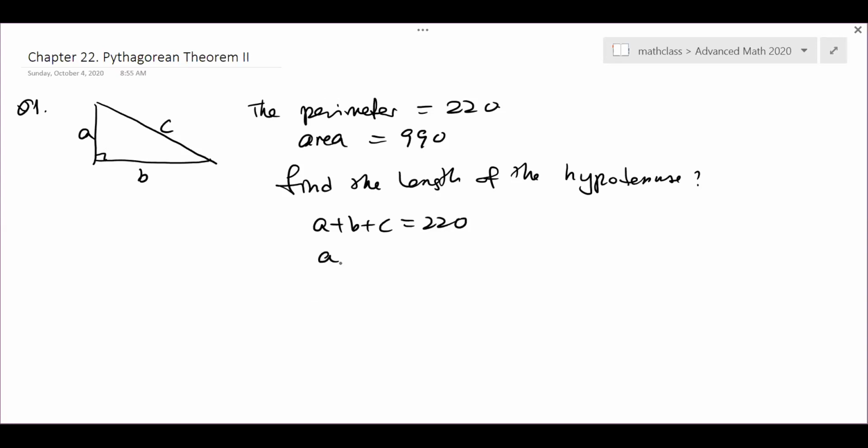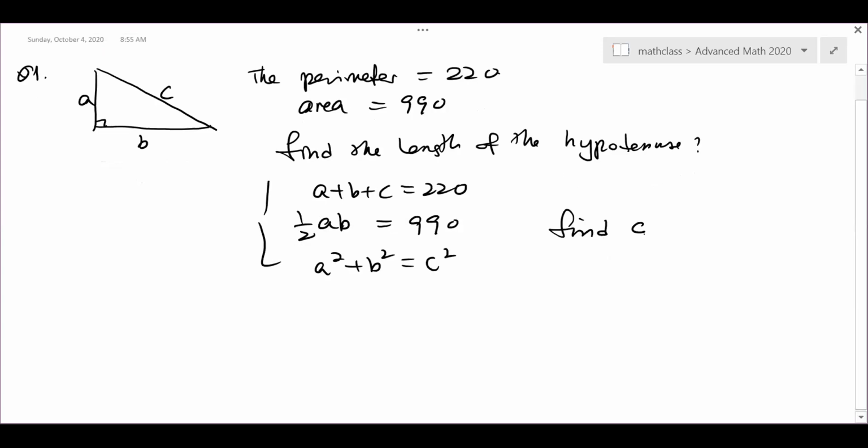Second condition, the area: 1/2 of A times B equals 990. And by the Pythagorean theorem, A squared plus B squared equals C squared. So using this, can you find C? That's my hint. You can try it. I'll give you 1 minute. I hope you're able to find it. This is solving a system of equations.